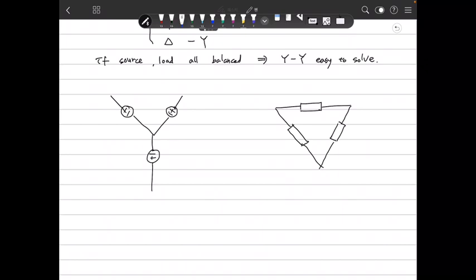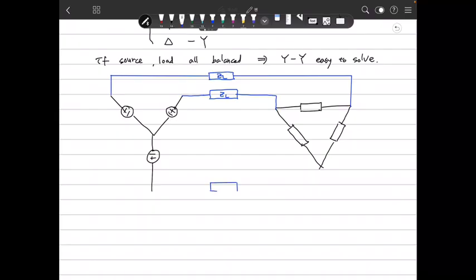Then we connect them in this manner, but there is also some line impedance here, ZL, connected this way, and also the line impedance ZL on each of the other lines in this manner.